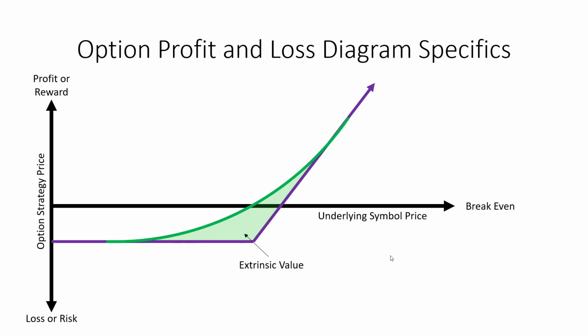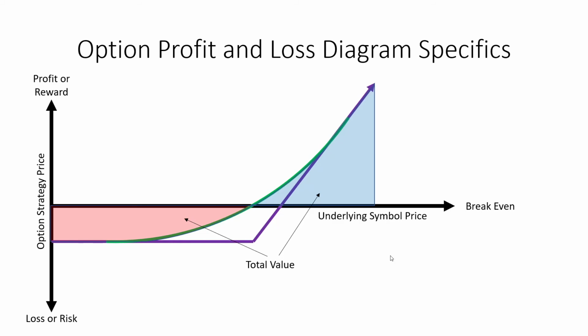It's the extrinsic value that indeed decays with time. And if you take the extrinsic value and add it to the intrinsic value, of course, you're going to get the total value. So that gives you an idea at any point in time, given all the various variables like underlying symbol price, implied volatility changes, and how much time we have until the expiration date, what the total value is.